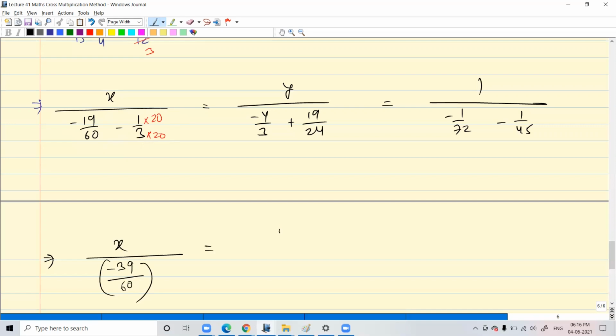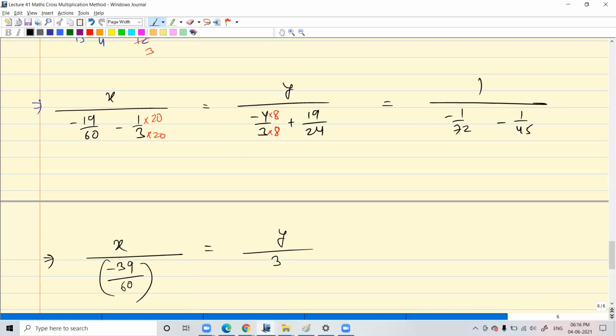is equal to y by, what about this guy? What should we do? Then 8 4s are 32, 32 minus 19. How much is that?